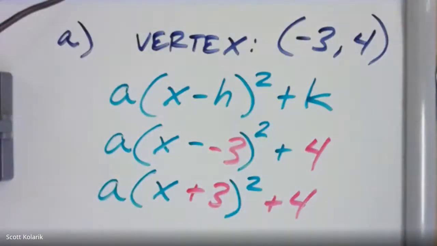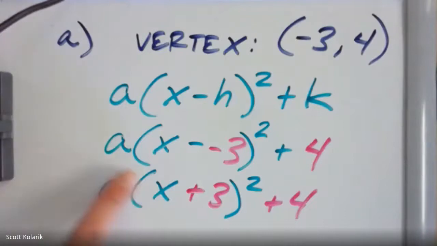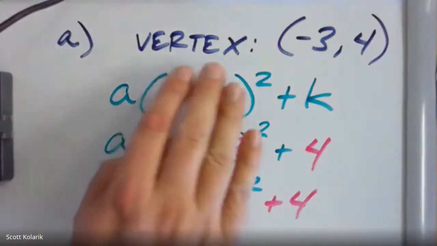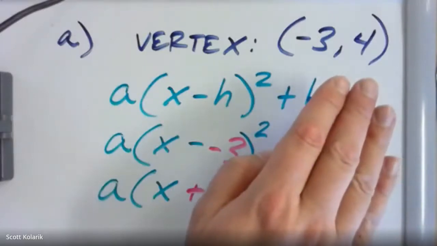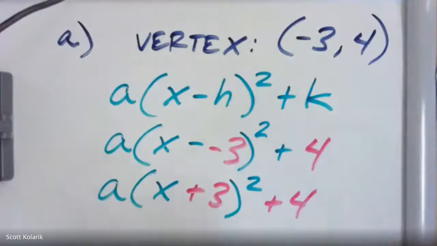So real quick, one thing I want to point out, we don't know what A is. Now you will be given some problems where it's going to be asking you to actually figure out what A is going to be worth. And the way you would do that is you would require another coordinate point. So it might say the vertex is this, and then it also contains this other coordinate point. And if it contains that other coordinate point, you're literally plugging in that x, y value for that coordinate point, with x for the x, and then the y is going to represent whatever the function equals.